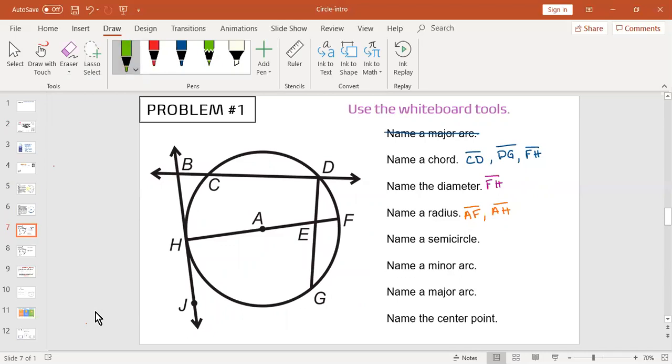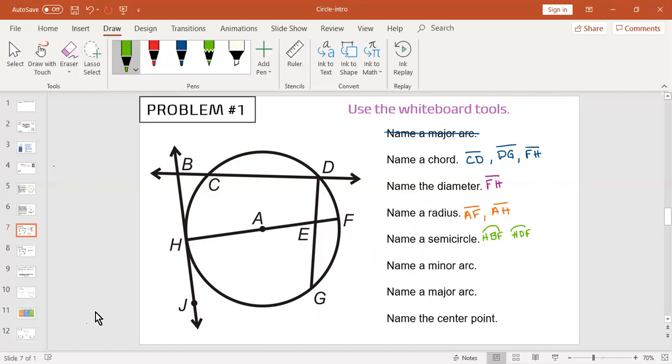All right, so a semicircle, again, there's always two. So we put this little arc above anytime we're talking about an arc. So I would say arc HBF, which happens to be the same as arc DF. So anytime you're talking about an arc, you have to use at least two letters. If you use two letters, it's kind of the quickest path. If you use three, you're good.